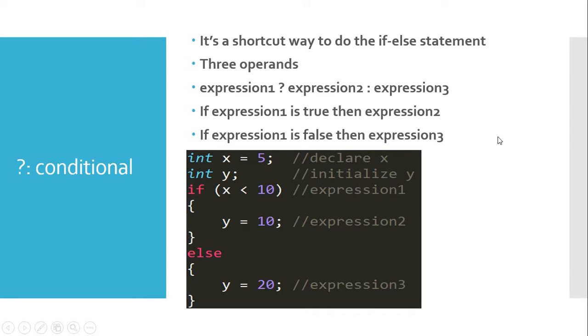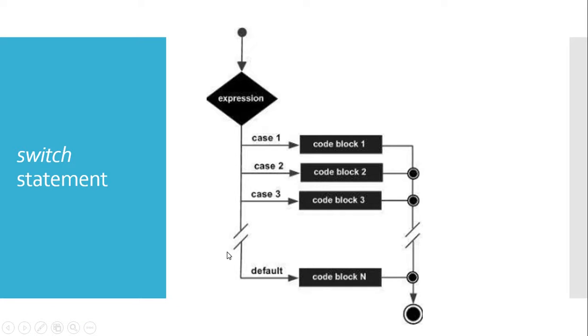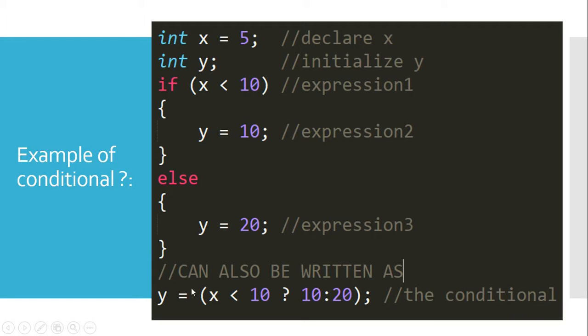Okay. So let's see how it looks here. We've got this code right here, okay? The way it would look when you're doing a conditional statement would be, we want to do a y equals. If x is less than 10, we want y to equal 10. If x is not less than 10, then we want y to equal 20.